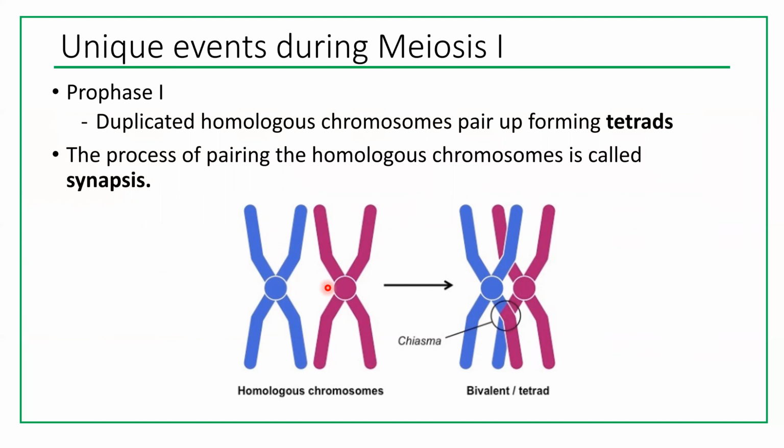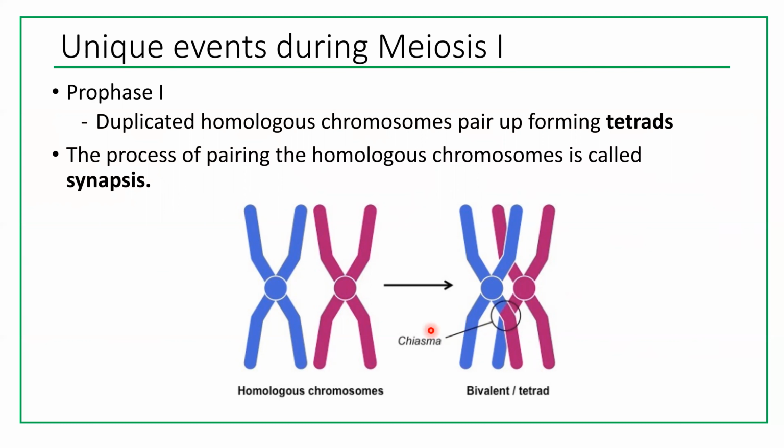So I have this pair of homologous chromosomes, and now this cell goes through meiosis, not through mitosis. Then in prophase 1, the homologous chromosomes from my mom and from my dad get together and hug each other. Their hug is called chiasma.